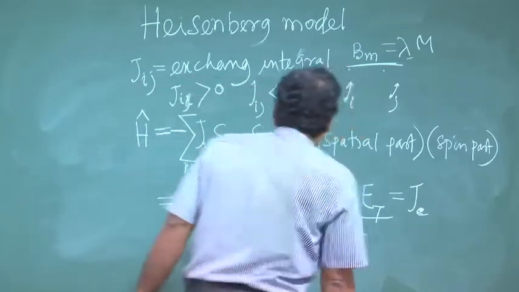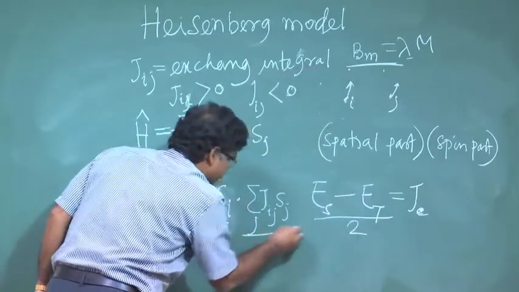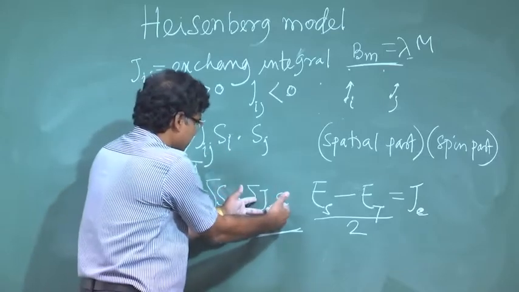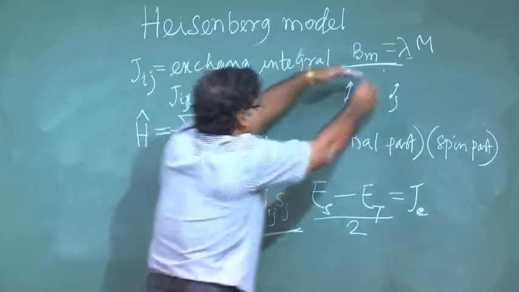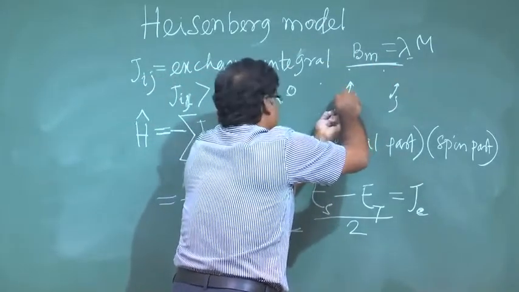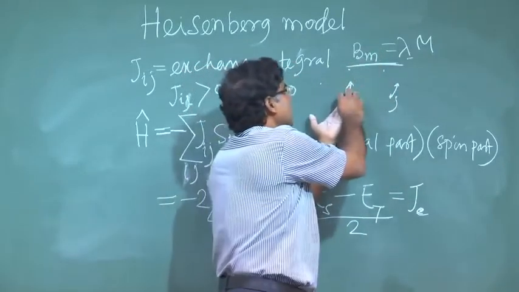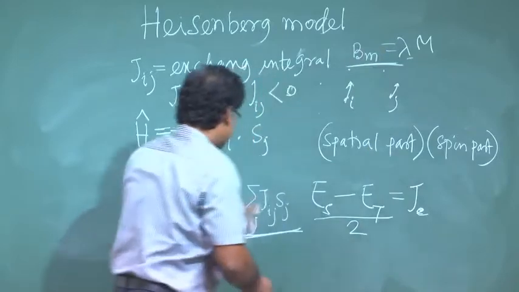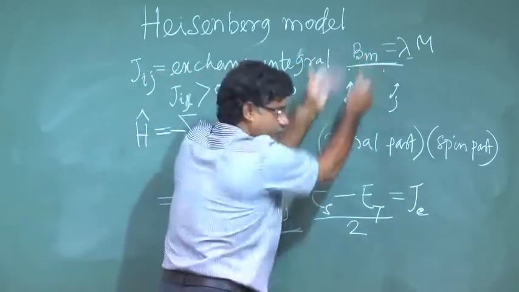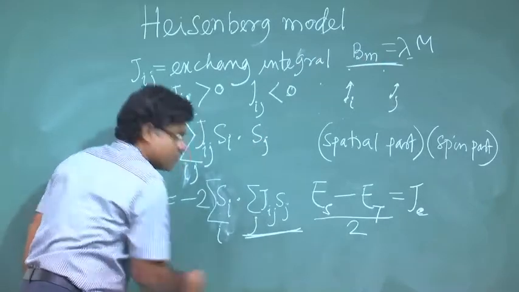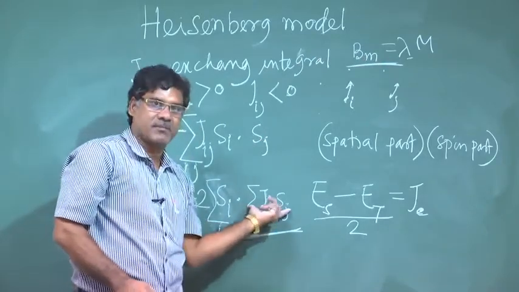Okay. Now, what is this part? This part is some effect of the others on this, exactly the same as B M, the effect of the others on this, that average field. So I can replace this with B M. Now, this is energy, B M is field.